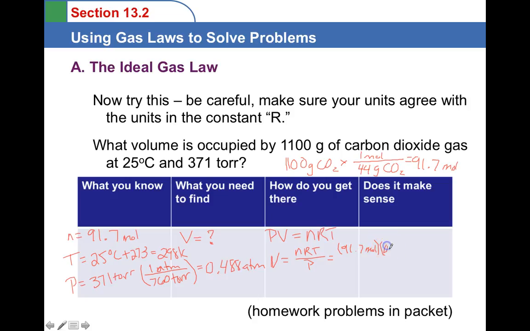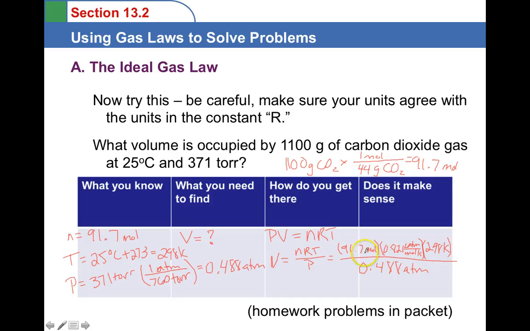And R is 0.0821 liter atmospheres per mole Kelvin. Our temperature is 298 kelvins. And we're going to divide by a pressure of 0.488 atm.